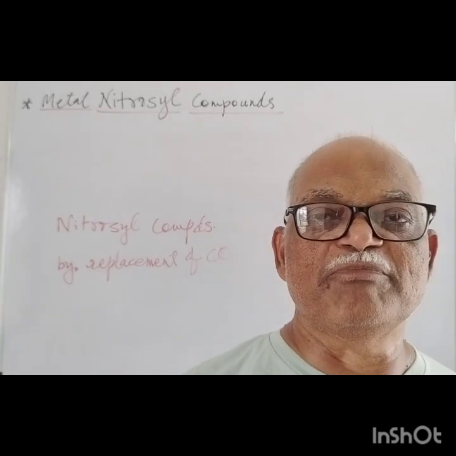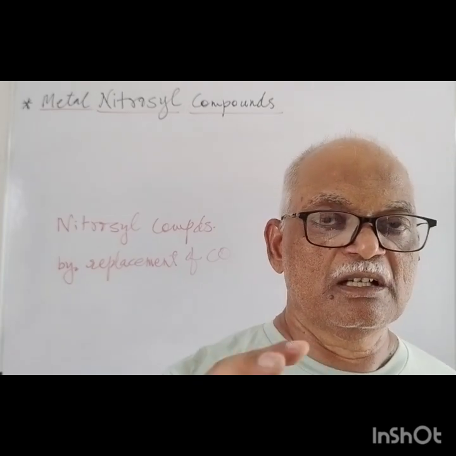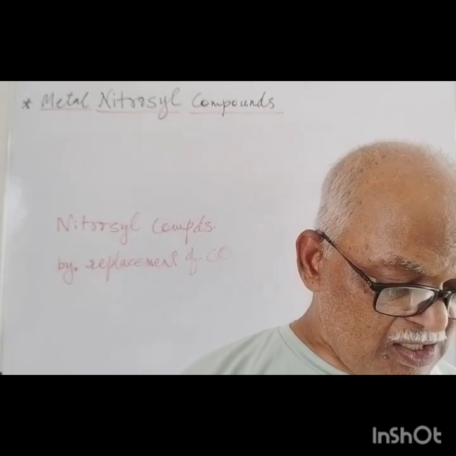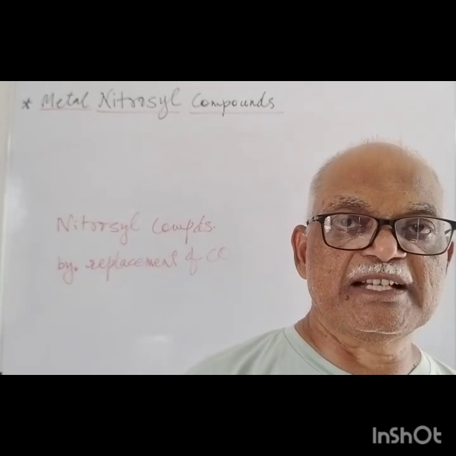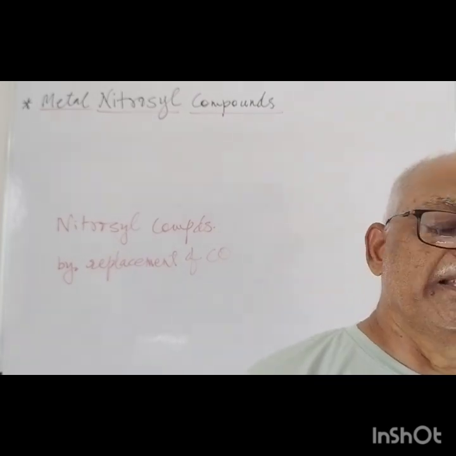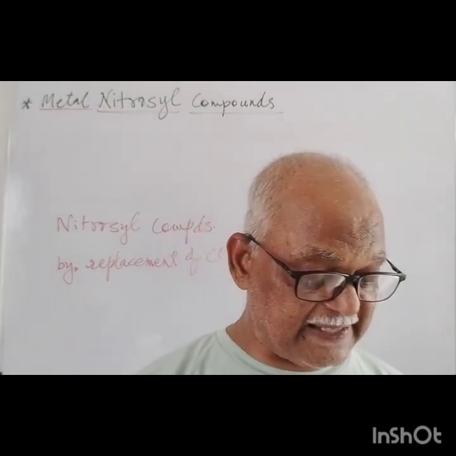so we can have complexes having both groups, that is carbon monoxide as well as nitrosyl. These obey the 18 electron rule. Then there is one problem regarding the synthesis of nitrosyl complexes.